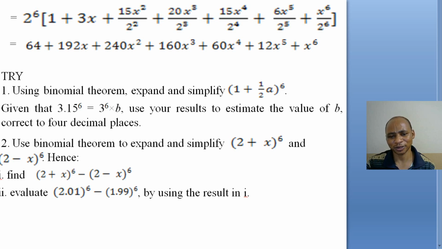Hence find 2 plus x all raised to the power 6 minus 2 minus x all raised to the power 6. Evaluate 2.01 raised to the power 6 minus 1.99 raised to the power 6 by using the result in I.